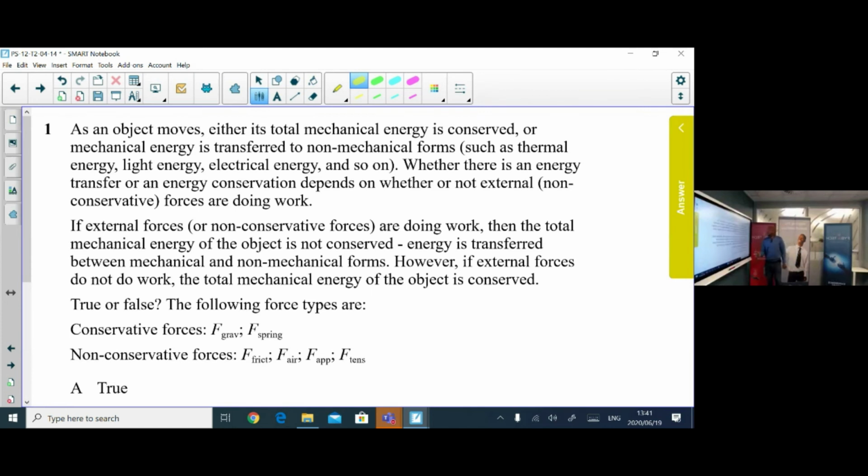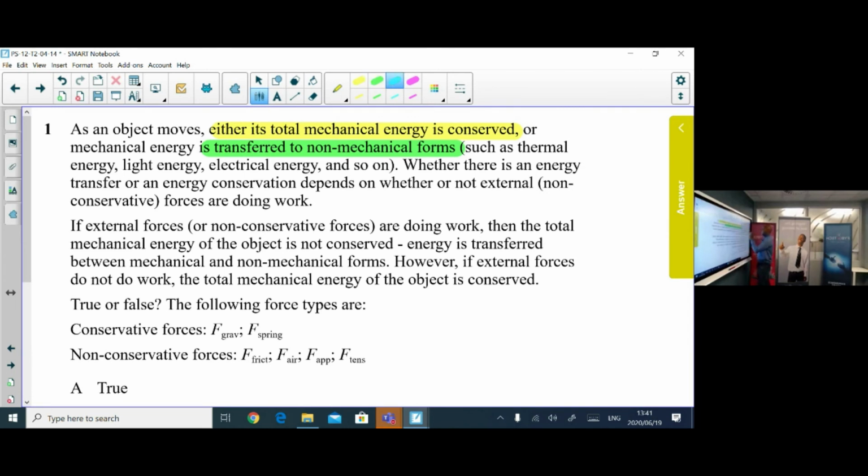As an object moves, either its total mechanical energy is conserved, or mechanical energy is transferred to non-mechanical forms, such as thermal energy.